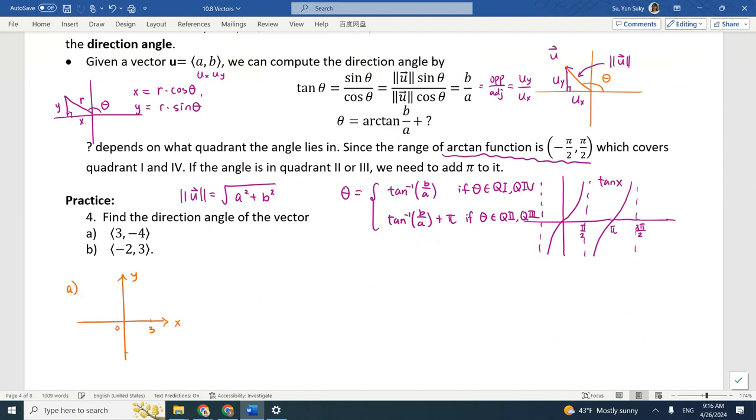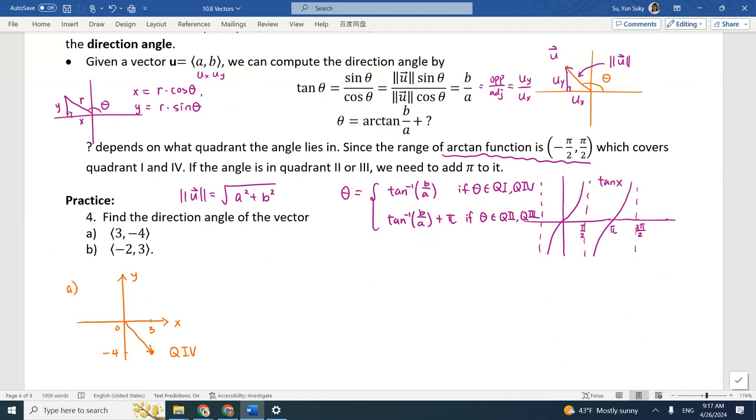Y is -4. You put a point there, and then you connect the origin to this point. This is the vector. Now this is in quadrant 4. Right, everybody?